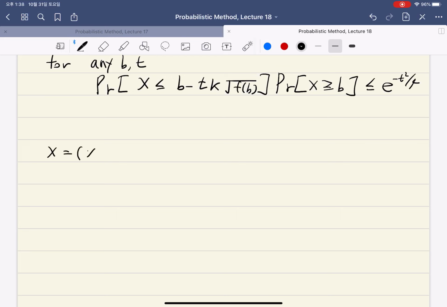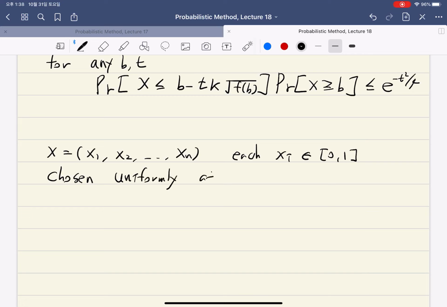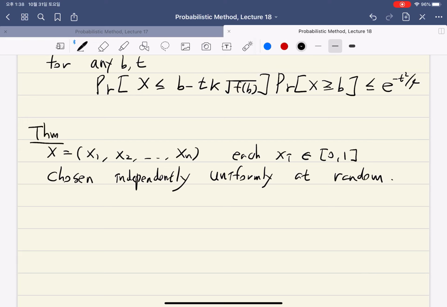Let's say x is a point x1, x2 to xn, where each xi is a number between 0 and 1, chosen independently uniformly at random. Let's just write it as a theorem.